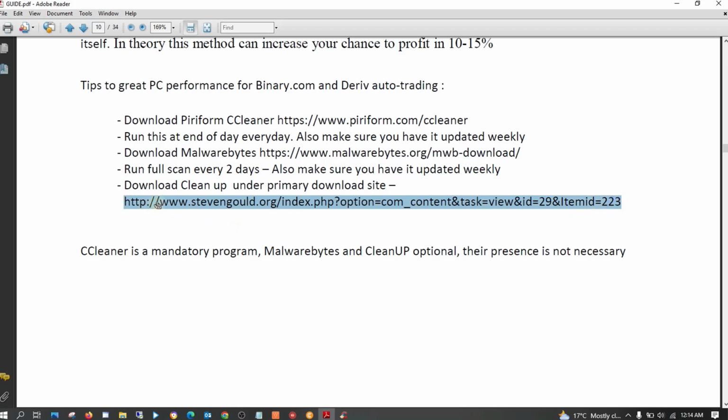These are not mandatory, but the CCleaner here is mandatory, because if you don't have antivirus, it's also not good for your PC and other stuff. But you see, CCleaner is the mandatory program. Malwarebytes and Cleanup are optional. Their presence is not necessary, but if you have this CCleaner here, then you're good to go.